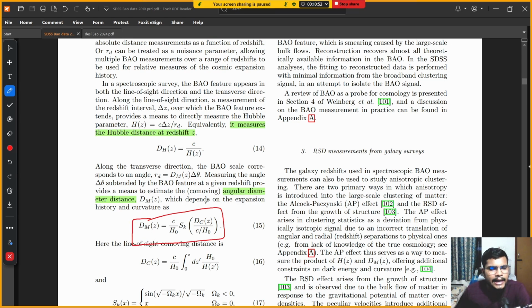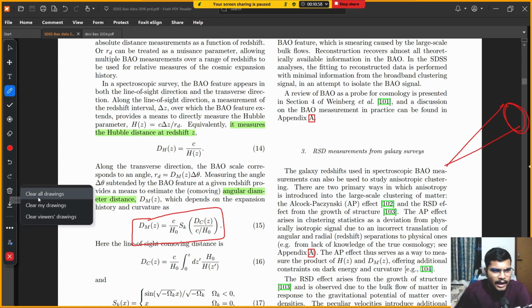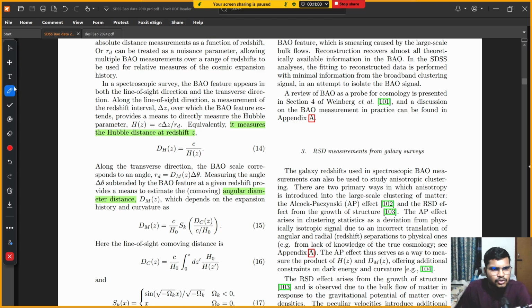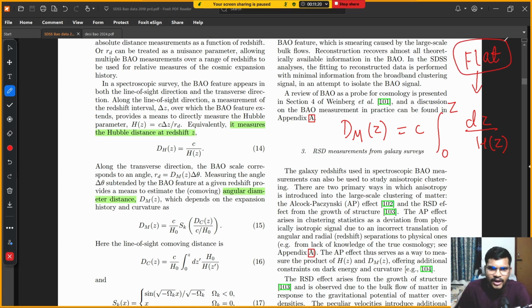Now considering dm, what is the dm factor? This is the angular diameter distance. From here, this is a kind of angular diameter distance. So dm is basically the integral from 0 to z of dz over h of z. This has a certain form when we consider that our universe is flat.